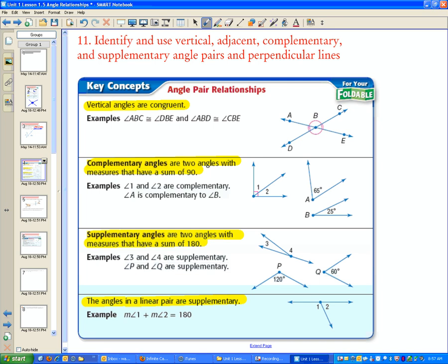Then we'll think to ourselves, supplementary means two angles that add up to 180. So our conclusion will be, if I add the measures together of these two angles in the linear pair, I'll get 180. Okay? See how it's just one true fact leads to another fact, leads to another fact, gives us a conclusion. That happens a lot.